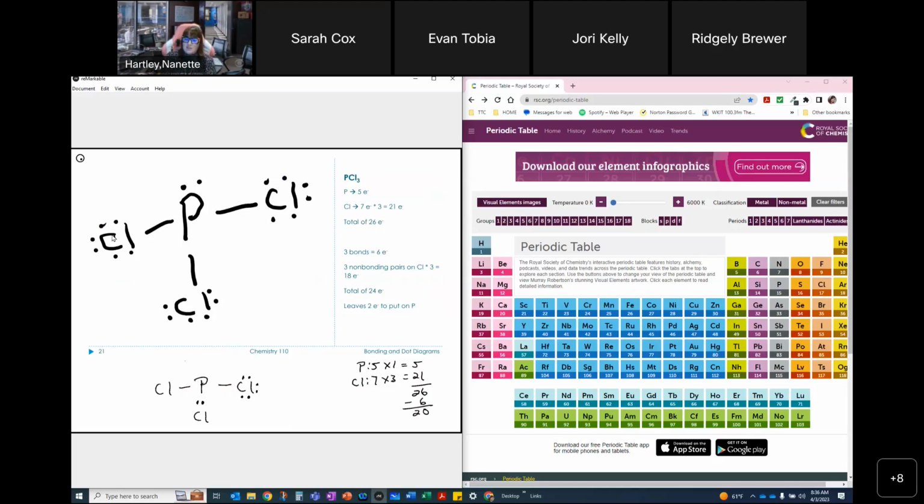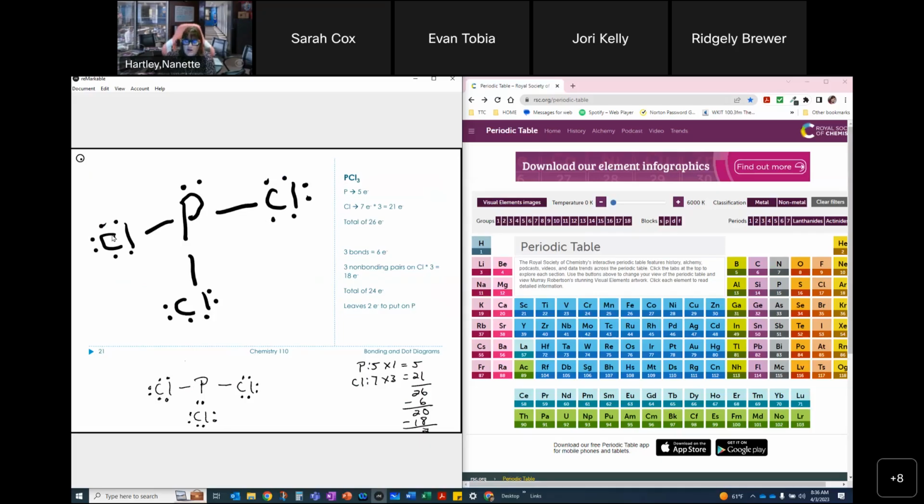So if I add 6 to it, that means it has an octet. I do that for each of those chlorines. So 6 times 3, 18. And that leaves me with 2 additional electrons that need to be dealt with, right?